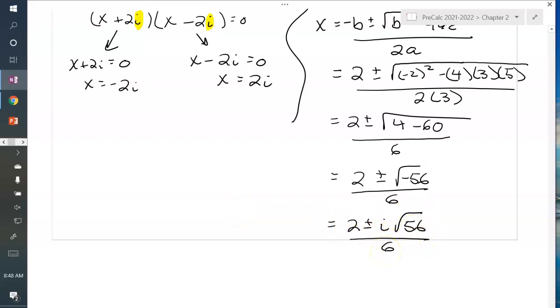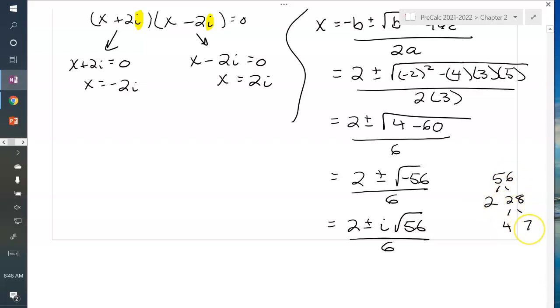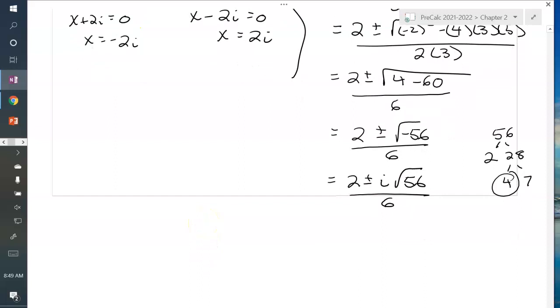Now let's see if we can simplify square root of 56. Well, 56 is 2 times 28. 28 is 4 times 7. So right there, I have a perfect square. So I can pull out that 4. That's square root to 2. So I get 2 plus or minus 2i.